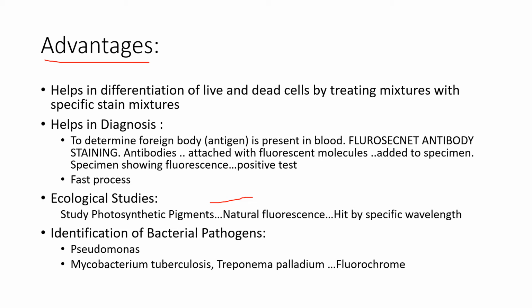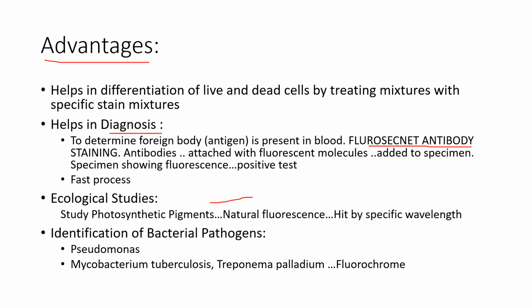It also helps in diagnosis. Diagnosis is what? Checking if bacteria or some kind of virus or antigen is present in the blood sample. How are we doing it? We take the blood sample, assuming it has some kind of foreign body or antigen in it, and then we take antibodies which are beforehand attached with fluorochrome molecules.